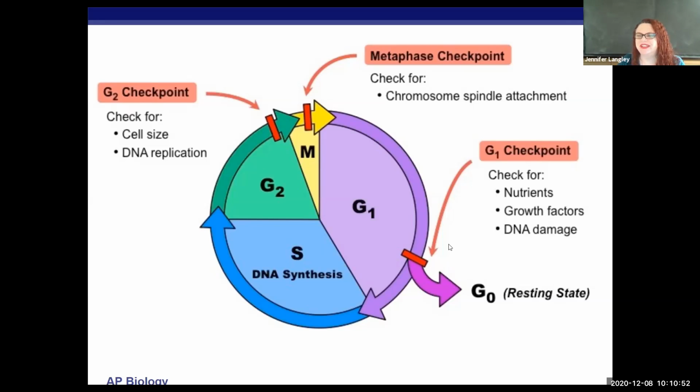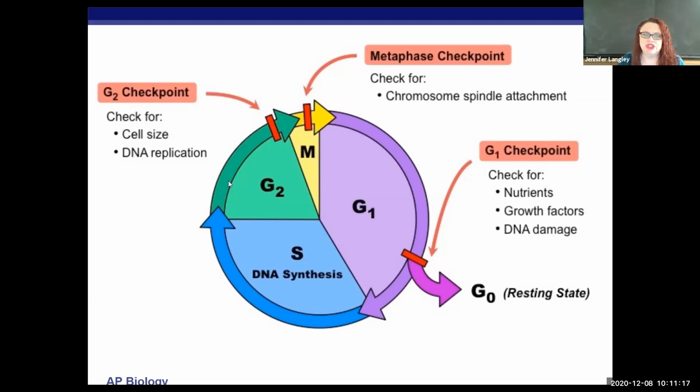That's a good analogy. Now we continue on to the synthesis phase. I got to here, everything's good. I've got the signals, I've got enough nutrients to do everything, and my DNA is intact and working properly. So I'm going to go ahead and move on to synthesis, where I get to make another copy of the DNA.